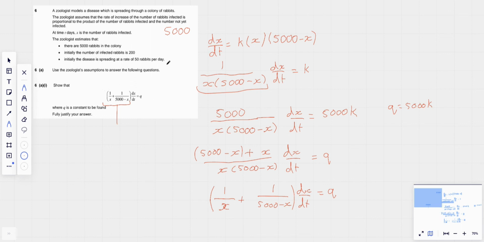You could have noticed from here that we're going to have to split them up using partial fractions. You could have done that. This method is also valid, and I feel it's a simpler method just by having a look at what we're after. We're after a plus. Yeah, we could have done partial fractions, or we can combine them and look for similarities. We did that, and we got our answer.